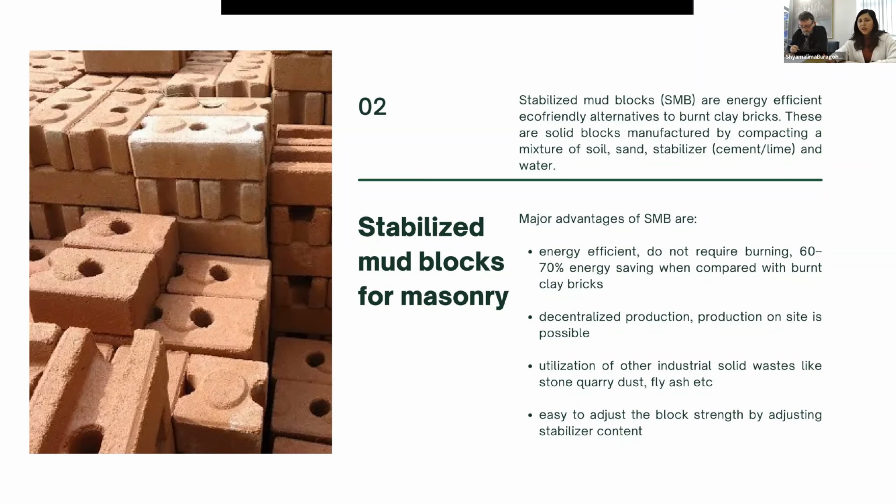Additionally, they have a very high thermal mass, which helps to regulate indoor temperatures, reducing the need for heating and cooling systems. This also helps to reduce carbon emissions related with heating and cooling systems. Overall, SMBs are an environmentally friendly and cost-effective alternative to traditional building materials, and can be used to help reduce energy consumption and greenhouse gas emissions.